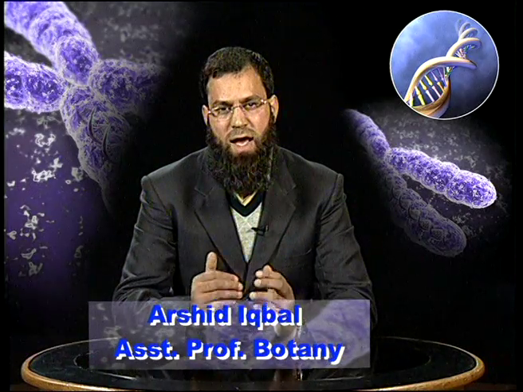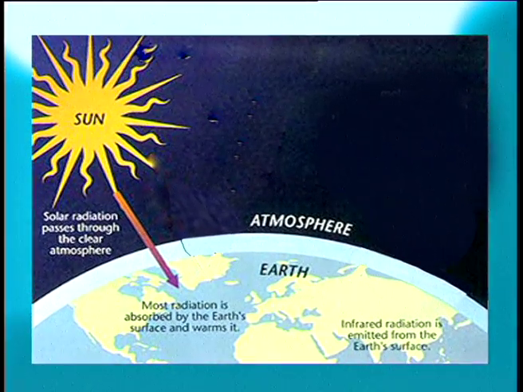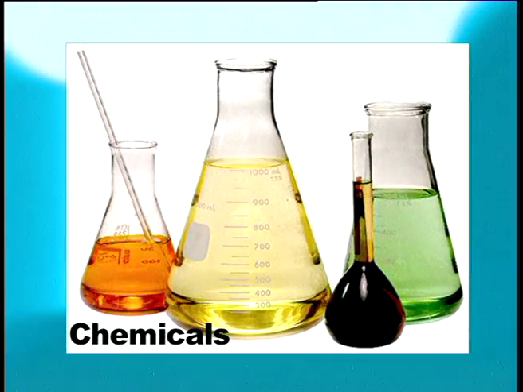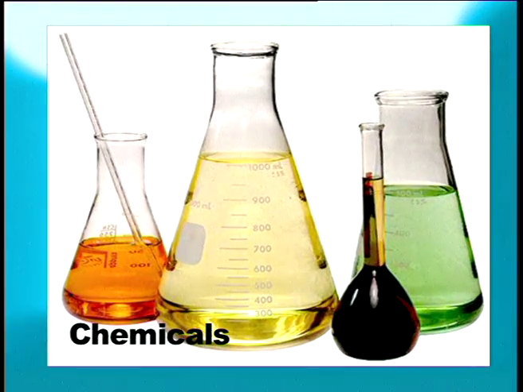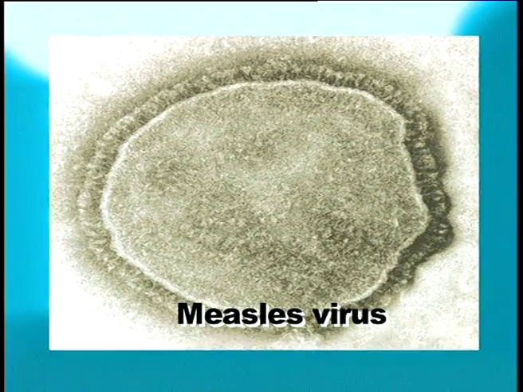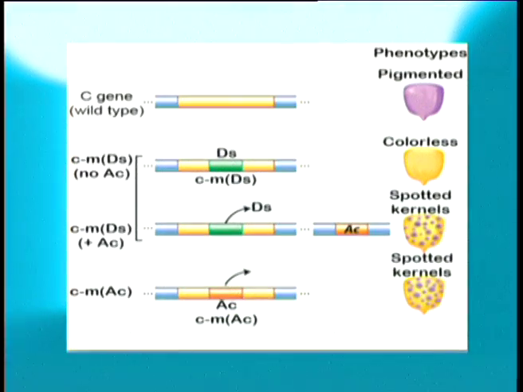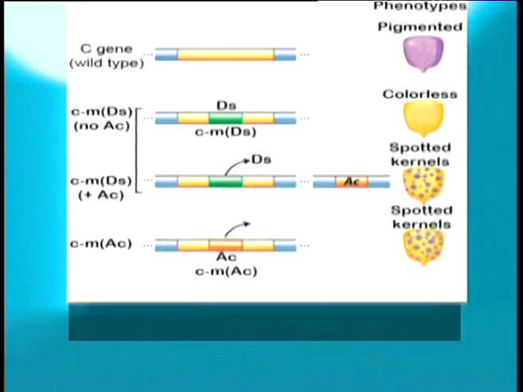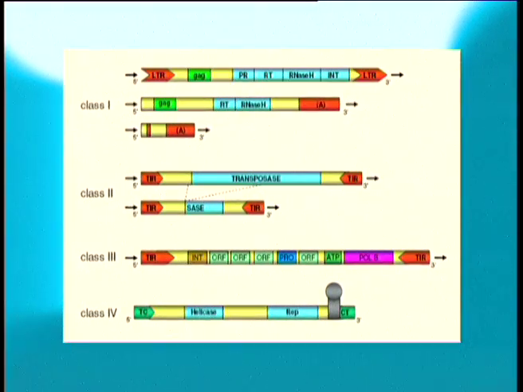Chromosomal breakage occurs spontaneously at a low frequency, but the rate of breakage is increased relatively to a high frequency by several radiations, chemical agents, and by several viruses, for example, measles virus. In addition, some genes are also known to induce chromosome breakage. For example, the activated dissociator gene of maize and other transposable elements of eukaryotes.